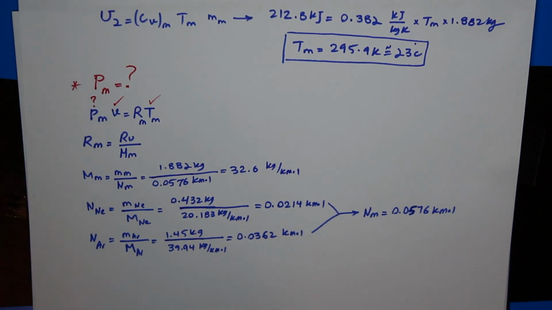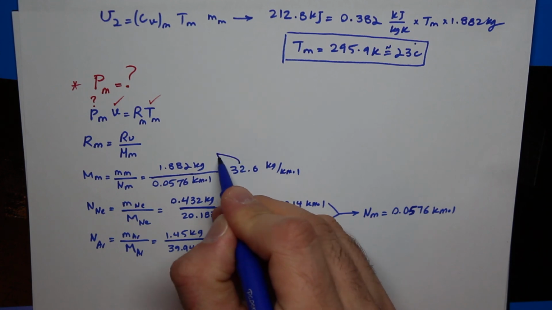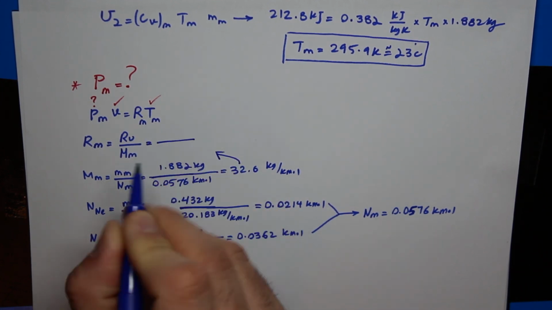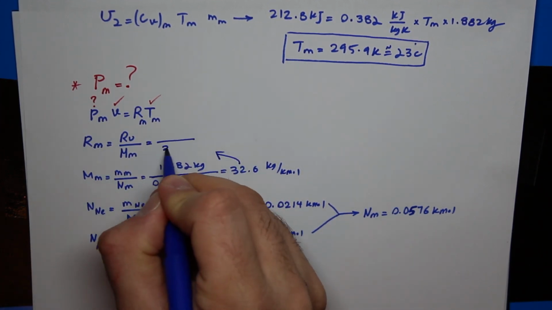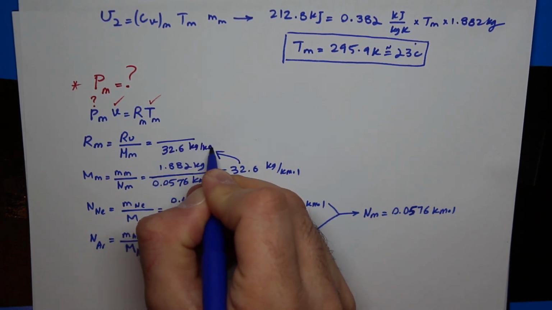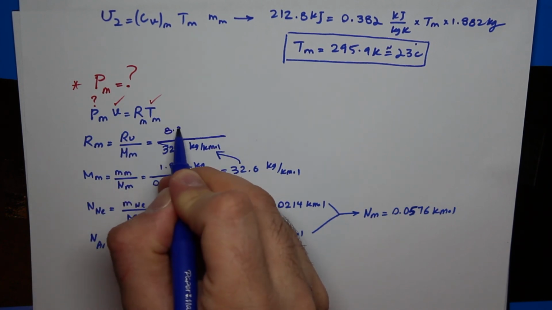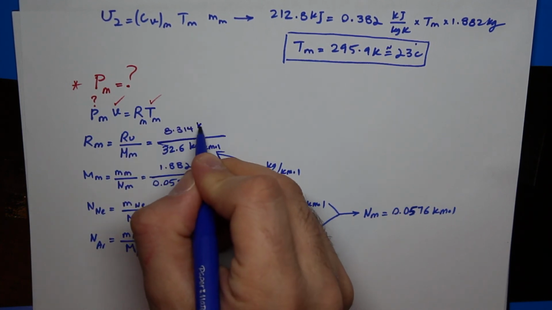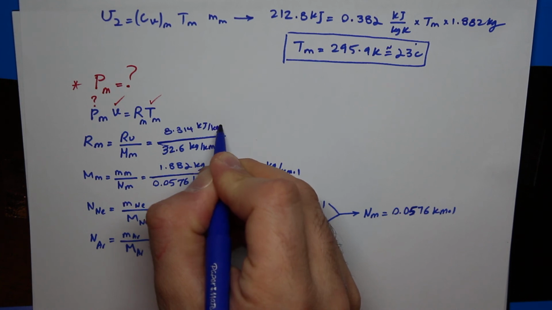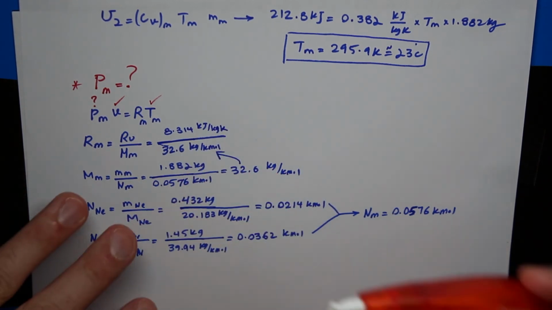Now this Mm comes into here, so basically this equation goes on top, and here I will have 32.6 kilogram per kilomole, and for Ru here I will have 8.314 kilojoule per kilomole Kelvin.